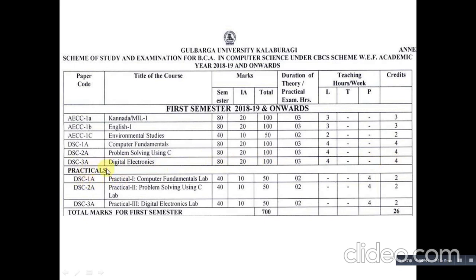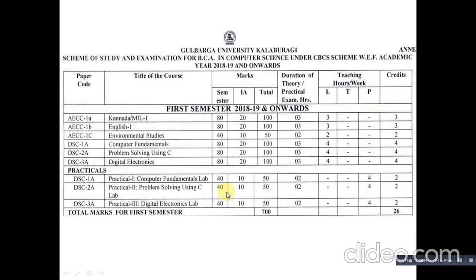In the practical section, DSC 1A paper, that is computer fundamental lab, is for 50 marks, 40 external and 10 internal, and it is having 2 credits. DSC 2A practical paper 2, that is problem solving using C lab, for 50 marks, 40 external and 10 internal.